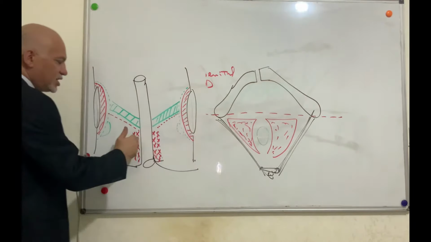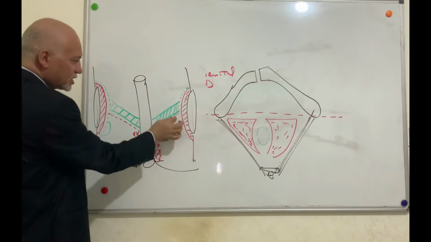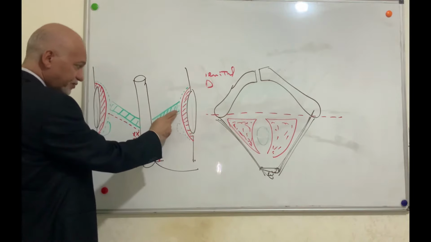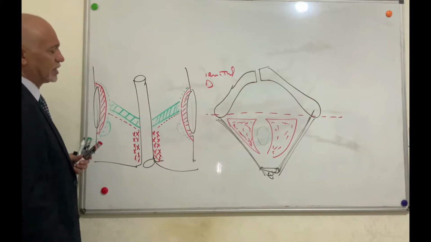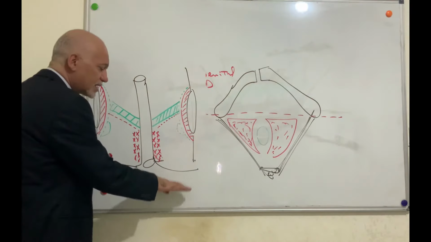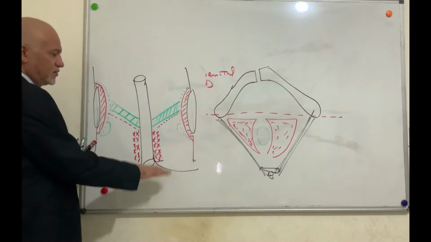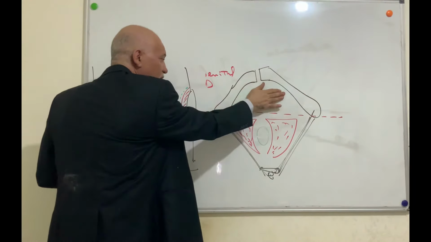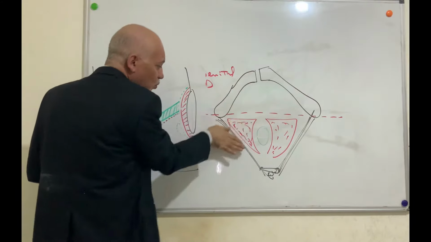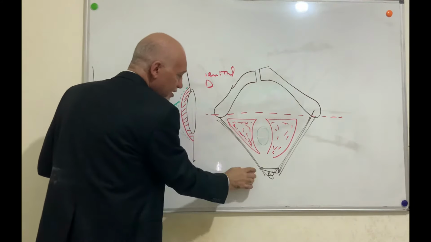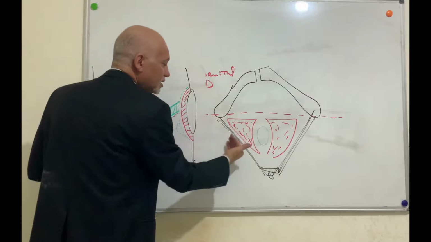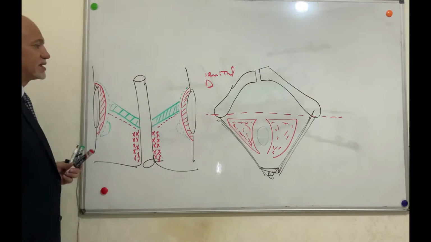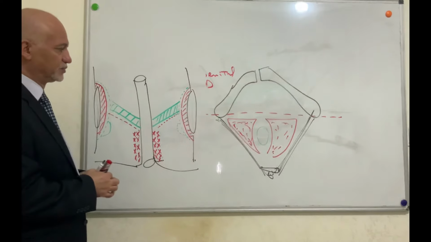Superiorly, this is the apex of the Ischio-rectal Fossa, the meeting of the pelvic fascia with the obturator internus. Inferiorly, the skin and superficial fascia. Anteriorly, in this area, there is the perineal membrane. Posteriorly, the sacrotuberous ligament, and the muscle taking origin from this ligament, the gluteus maximus. These are the boundaries of the Ischio-rectal Fossa.